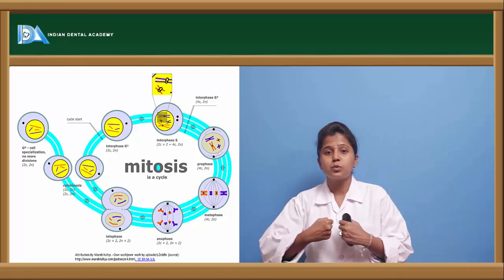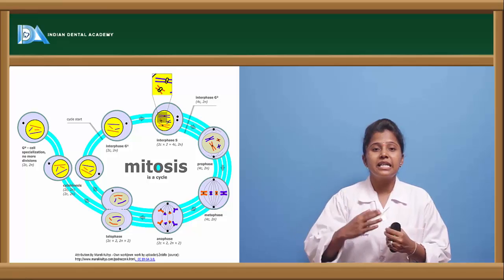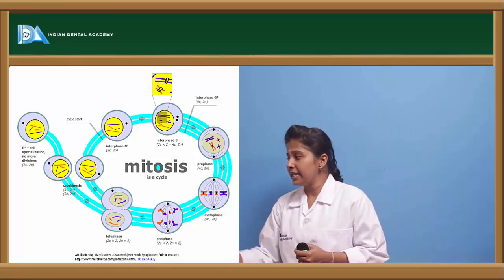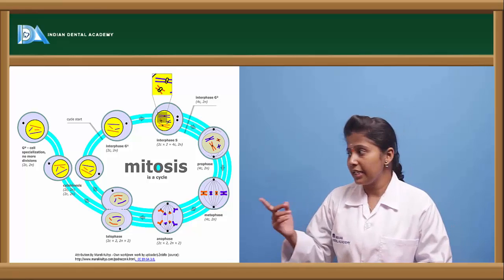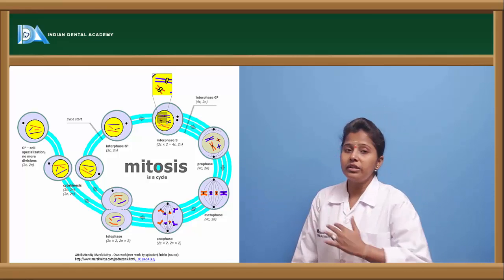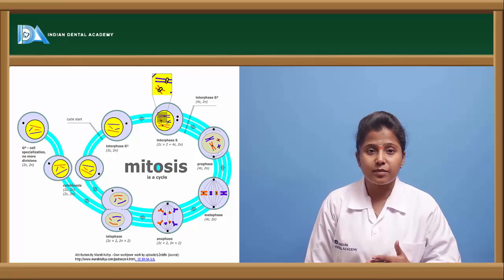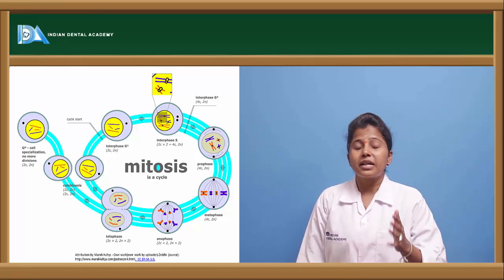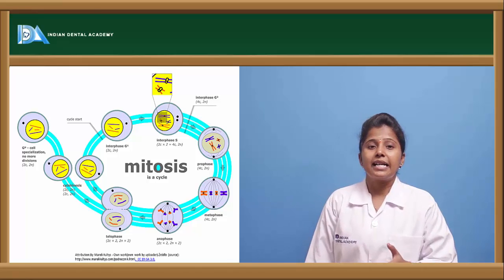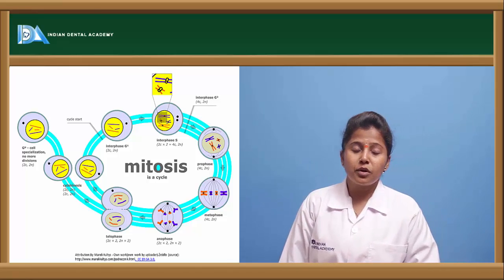The spindle fibers split, thereby the DNA is replicating, and in telophase another DNA is formed from the existing DNA. By undergoing all these processes, cell division takes place. This cell cycle is the same for cancer cells also. But if that cancer cell divides, it leads to tumors or cancer.